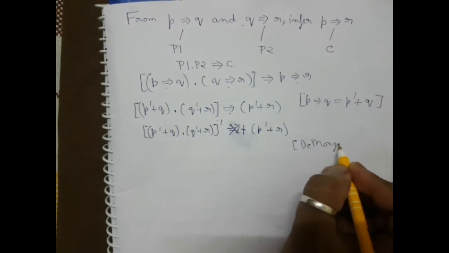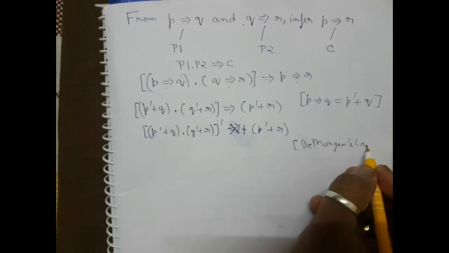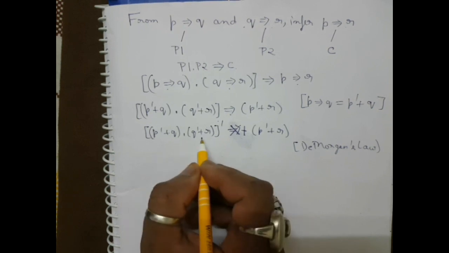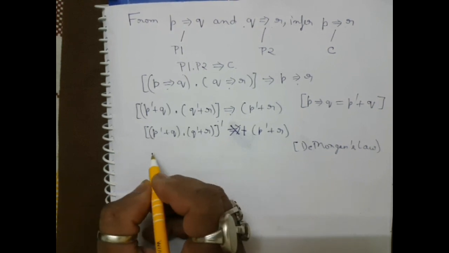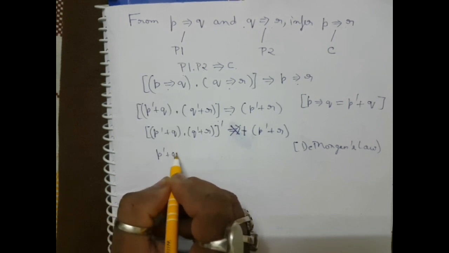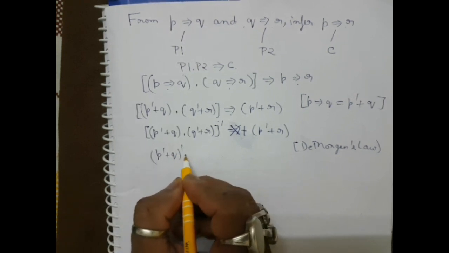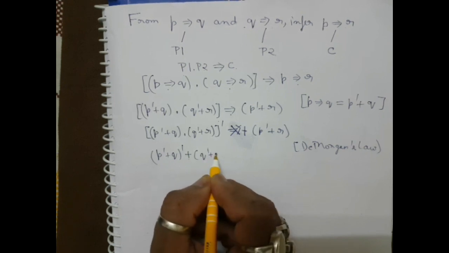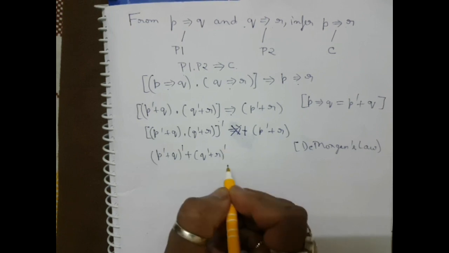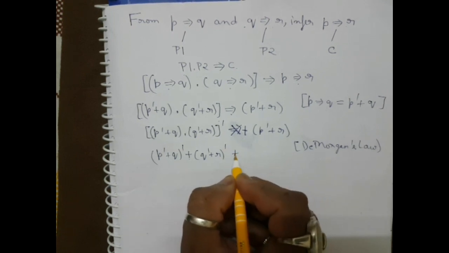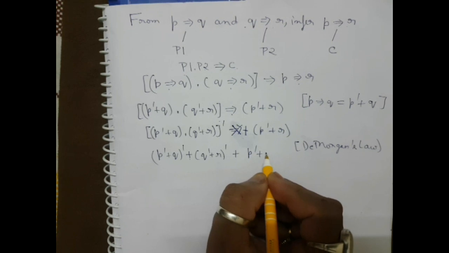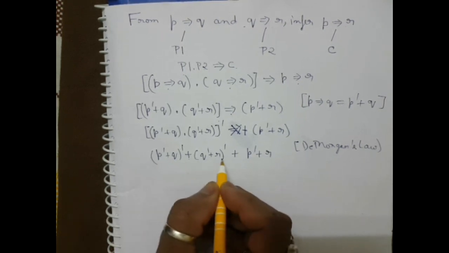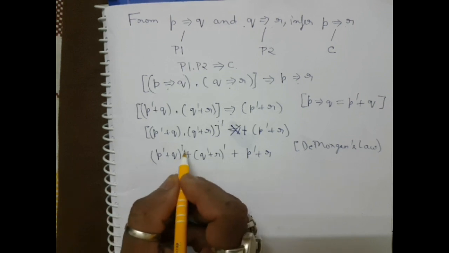Here also, after conditional elimination, we have got De Morgan's law. What does De Morgan's law say? The complement of a product is the sum of the variables' complements. So here P dash plus Q whole complement, this dot will be converted to plus, Q dash plus R whole complement, and plus P dash plus R. Now we solve these. Which law will be used?